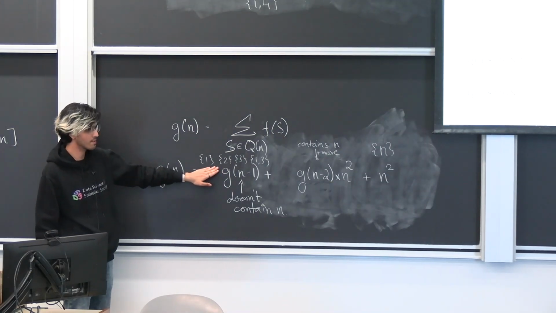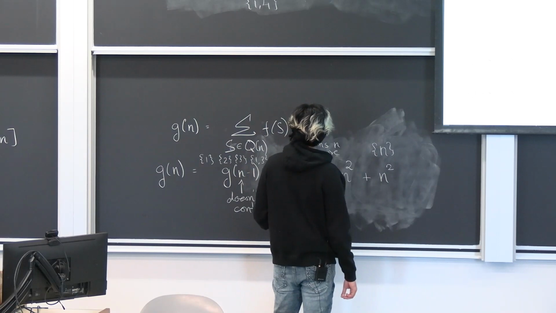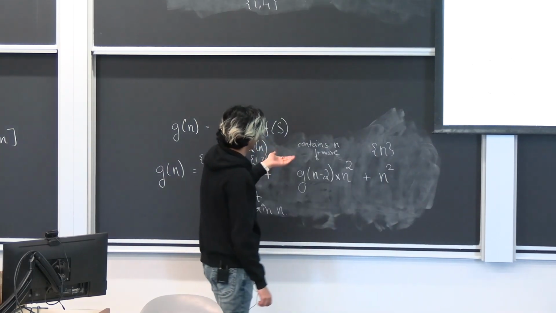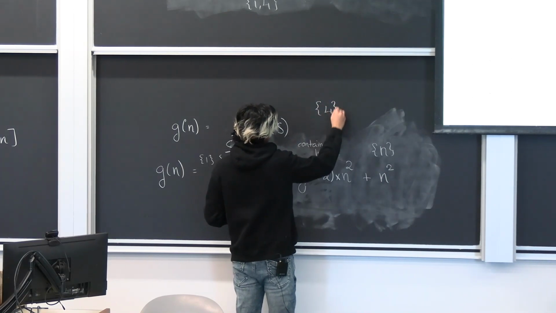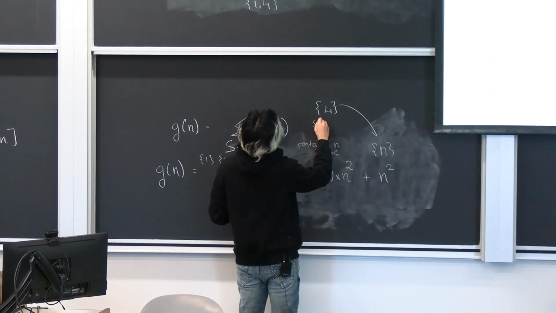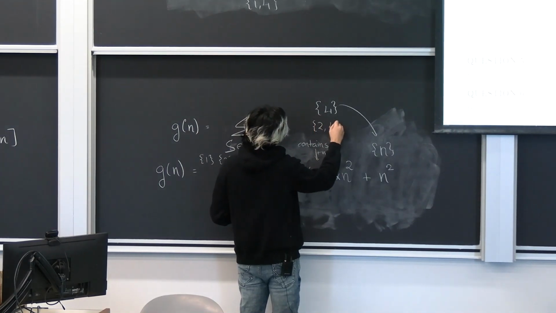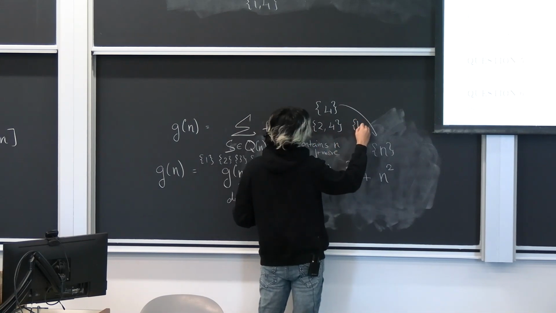We already showed this. Now, let's take a look at the subsets that contain n. You have 4, which is n itself. And then you have 2 4, and then you have 1 4.